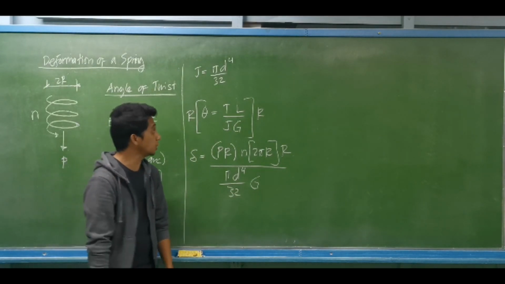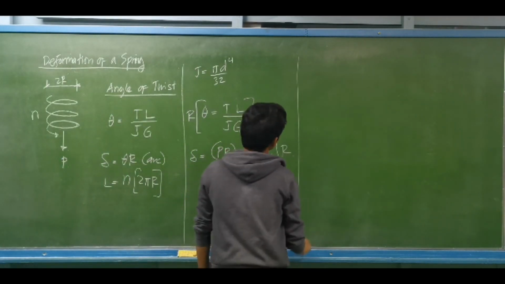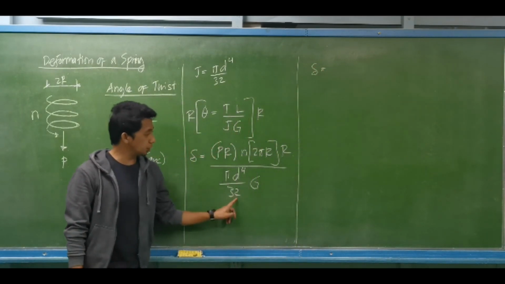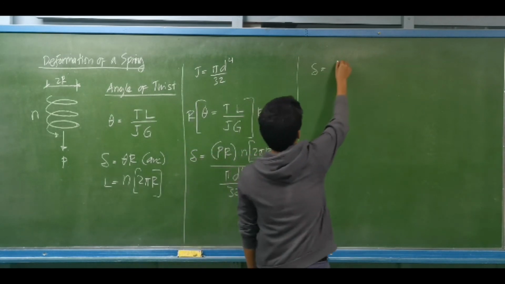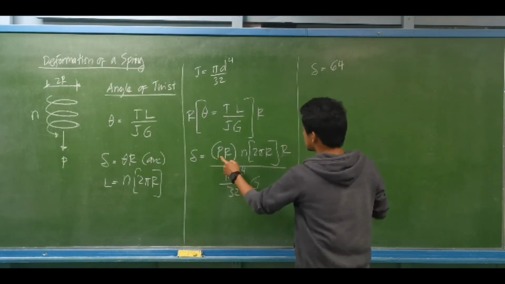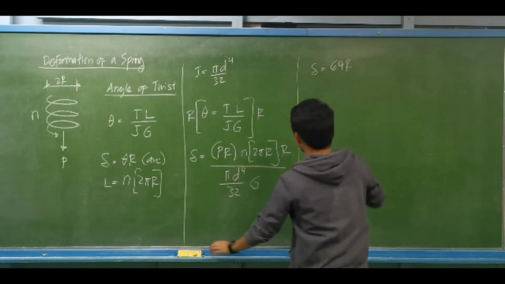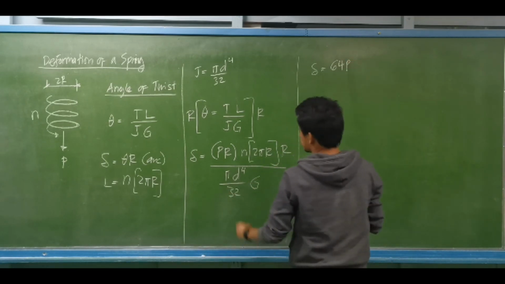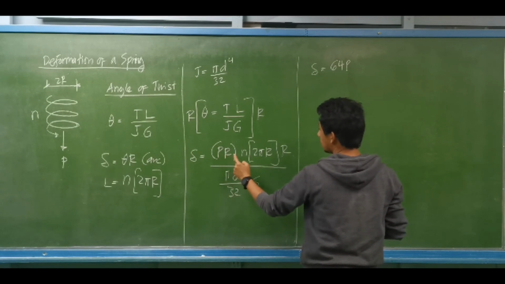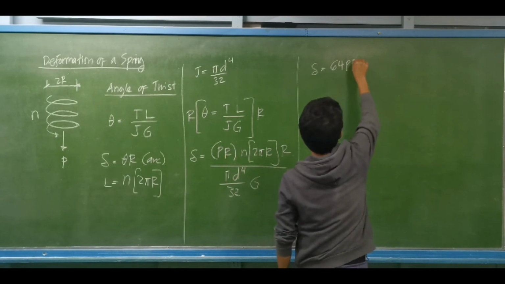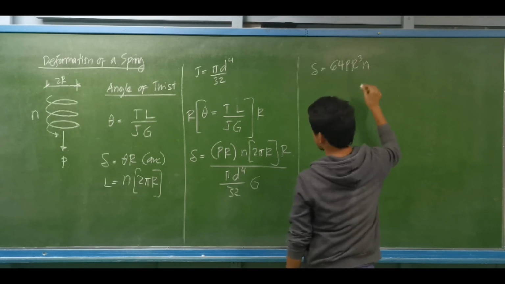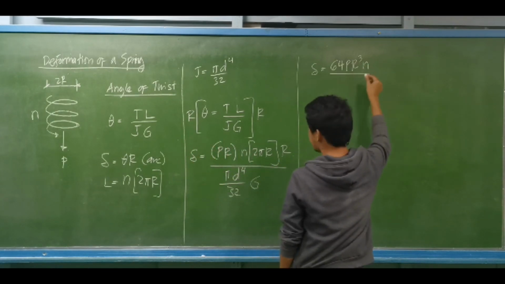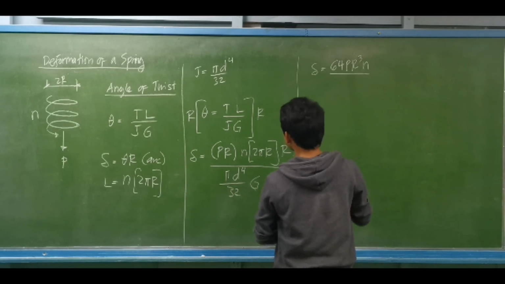So if you simplify, we have now the deformation of the spring equal to 32 times 2, that is 64, times P, times r times r times r, that is r cubed, times the number of turns, that is the number of circular coils, divided by the modulus of rigidity.